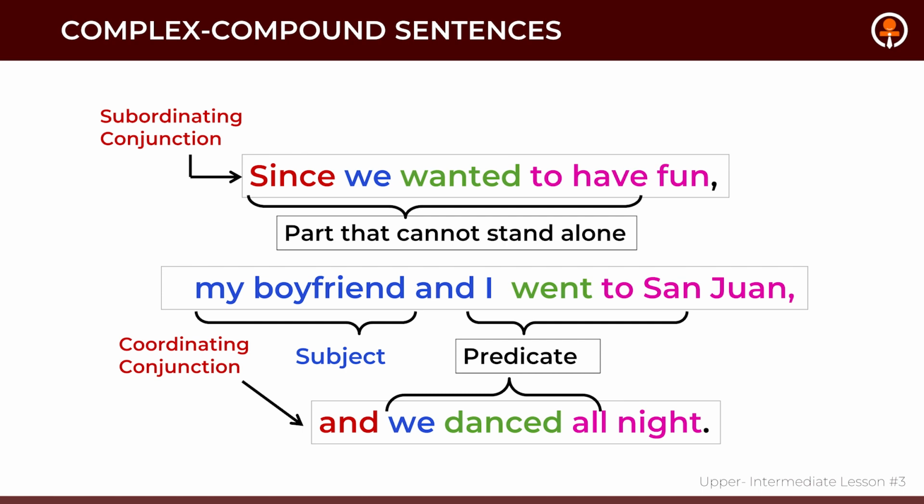The first one is a dependent clause. It cannot be used alone, but the following two are independent. They can be used alone, right? My boyfriend and I went to San Juan, and we danced all night. Those can be understood separately. Those are two independent clauses with one dependent clause. So this sentence is called a complex compound sentence.